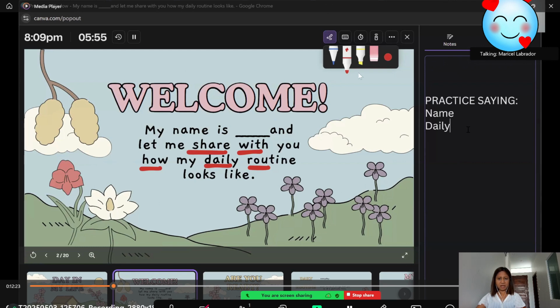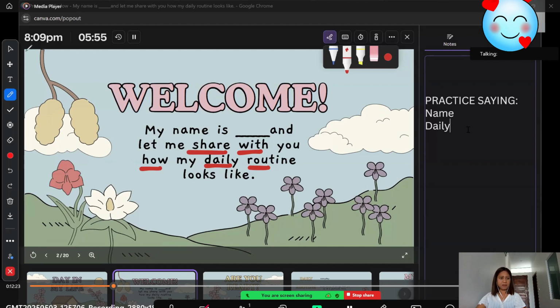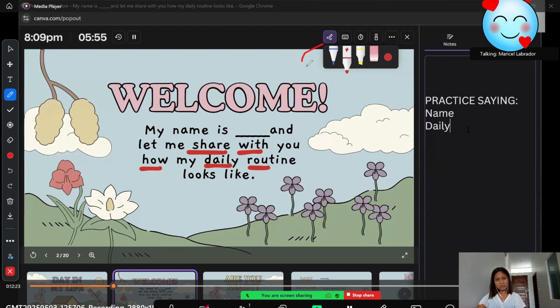You can use all of these tools. You can see all these tools that you can use to get the student's attention. These are the main tools when you use Canva in making lessons.